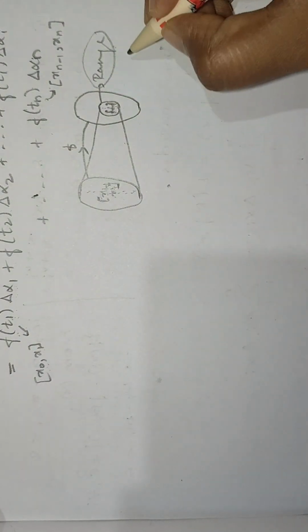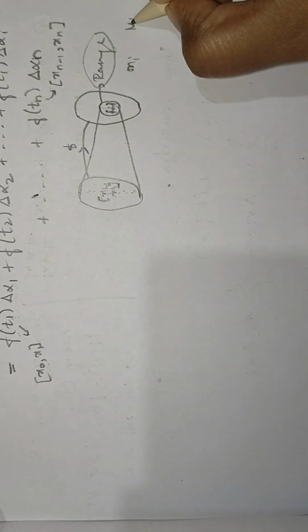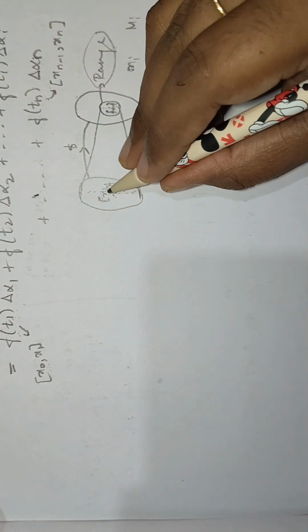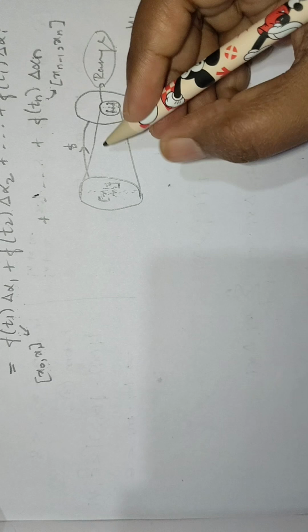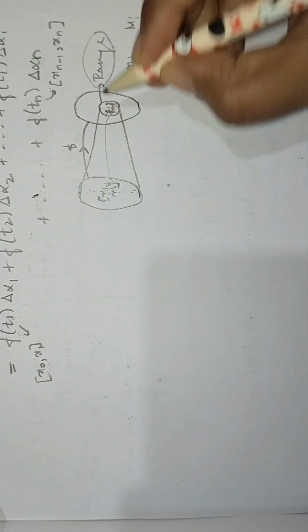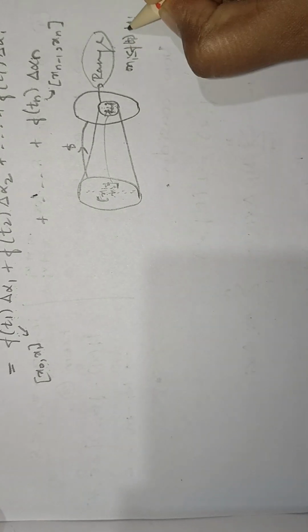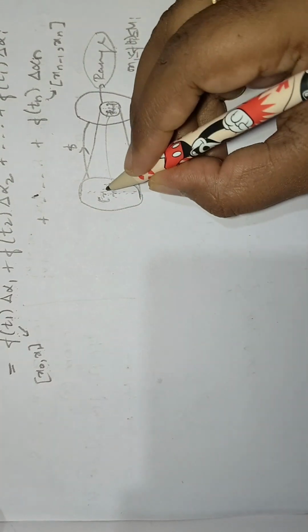And also if I take mi and capital Mi as infimum and supremum, obviously the ti which belongs to this subinterval, corresponding f of ti will be mapped here, and that will lie between the infimum and supremum of this particular subinterval.